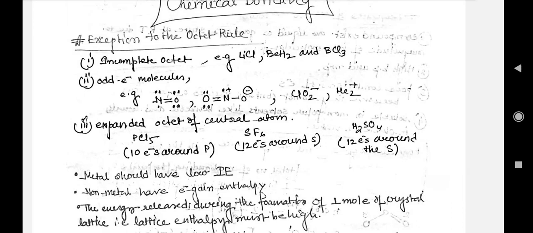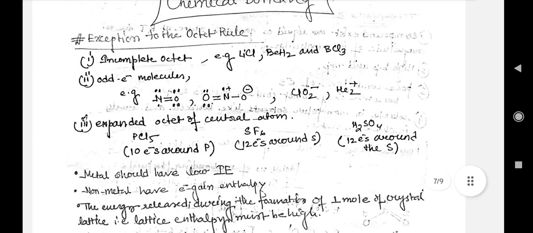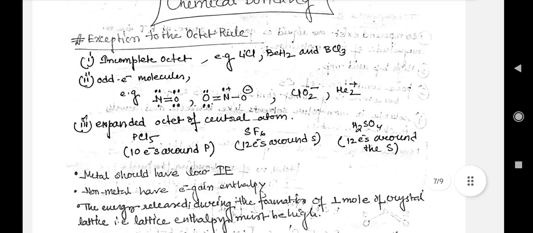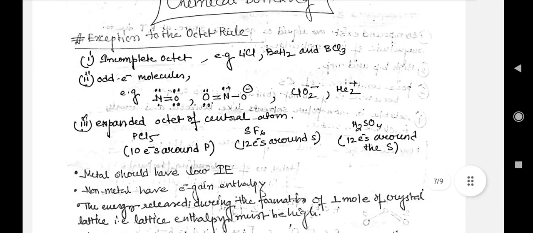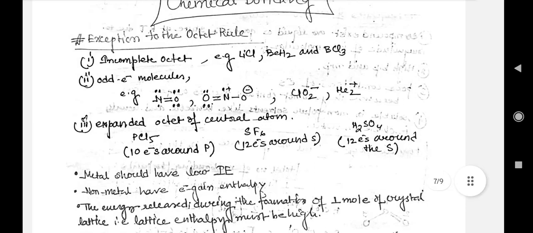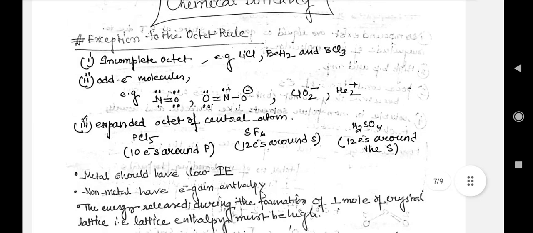Okay. And odd electron species. As we know, if any species bears 8 electrons, there is no chance of finding an odd electron in the species, right?